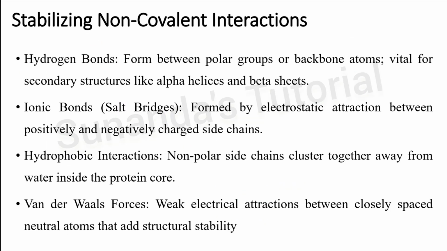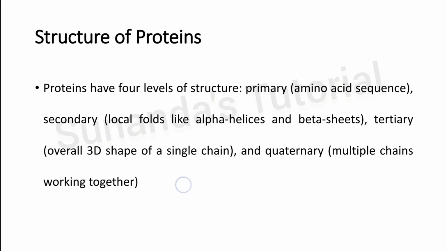Next, stabilizing non-covalent interactions. First one is hydrogen bond, next ionic bond, different types of hydrophobic interaction, van der Waals forces. These interactions help in the folding and stabilizing of protein structures.